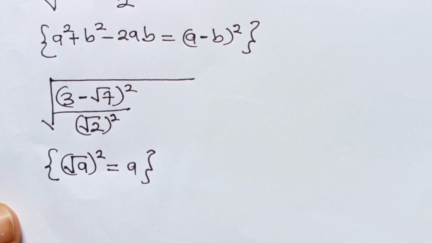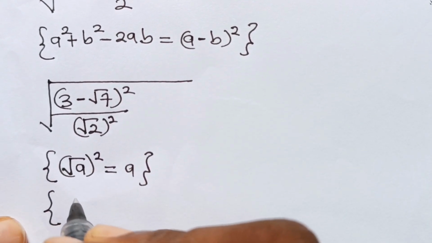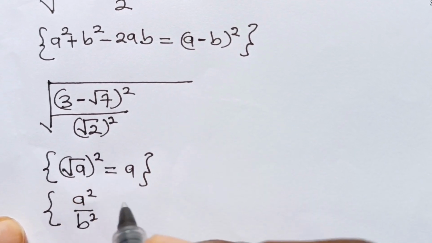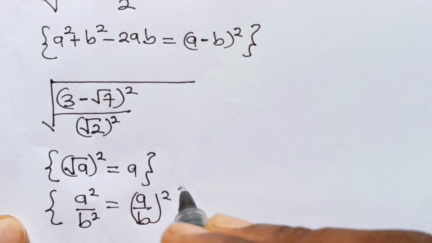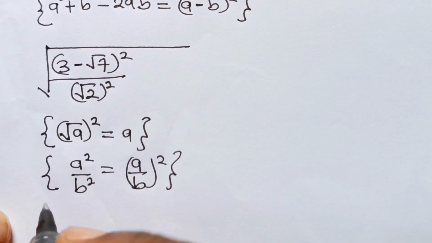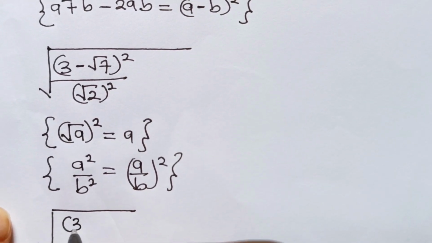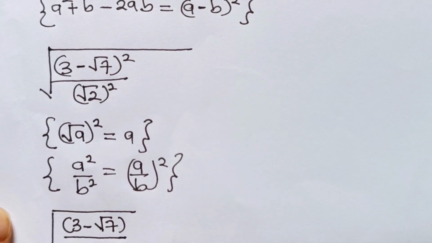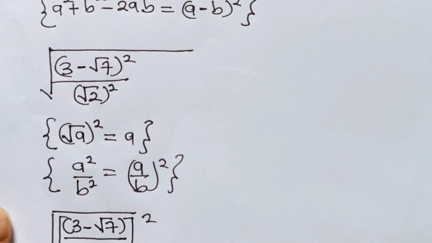All right, now also remember that a squared divided by b squared is equal to a divided by b raised to the power of 2. So we can write this as the square root of 3 minus root 7 divided by 2 all squared.